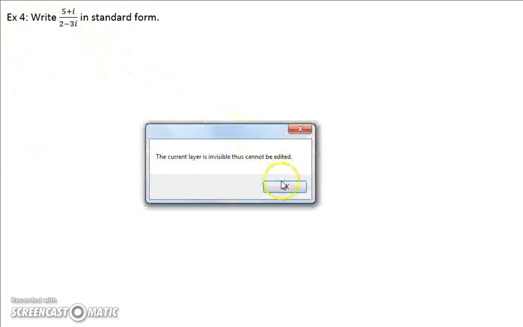So let's look at a problem here: write (5 plus i) over (2 minus 3i) in standard form. What we want to do is multiply by the conjugate of the denominator.